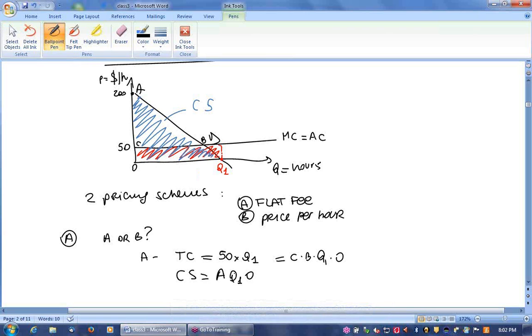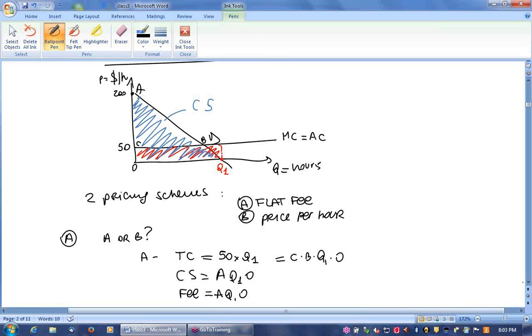So what is the fee that the monopolist is going to charge? As soon as the consumer surplus is positive, agents are ready to buy the service, right? So basically the fee would be equal to the consumer surplus, so would be equal to A Q1 0, because agents are willing to buy the service.